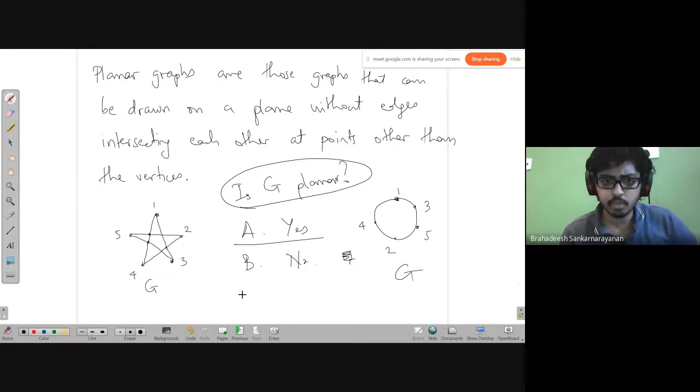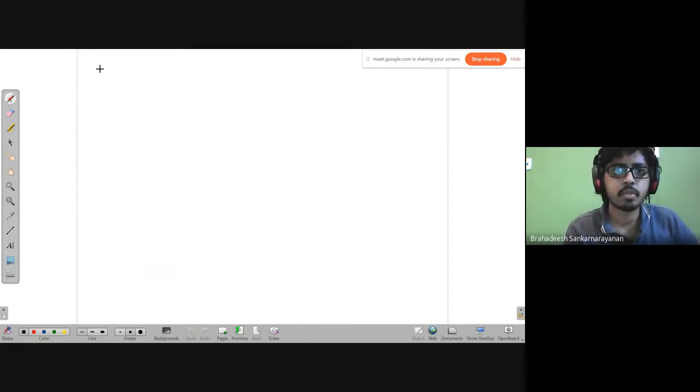And now let's state the Four-Colour Theorem, just to be sure. Okay. So what does the Four-Colour Theorem say?